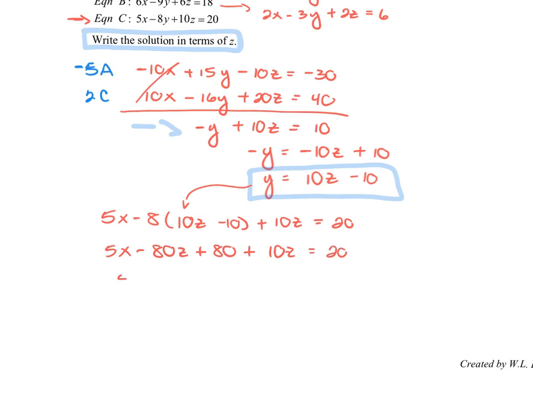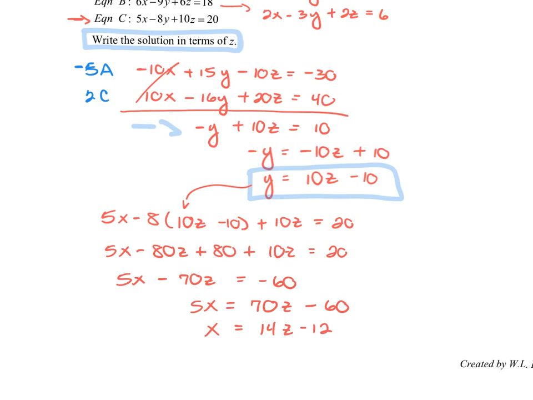Keep going. 5x minus 70z. I'm going to kick that 80 to the other side. Gives me a negative 60. I'm going to go ahead and just continue my algebra. 5x, moving the 70z over, 70z minus 60. So my final answer is x equals 14z minus 12.